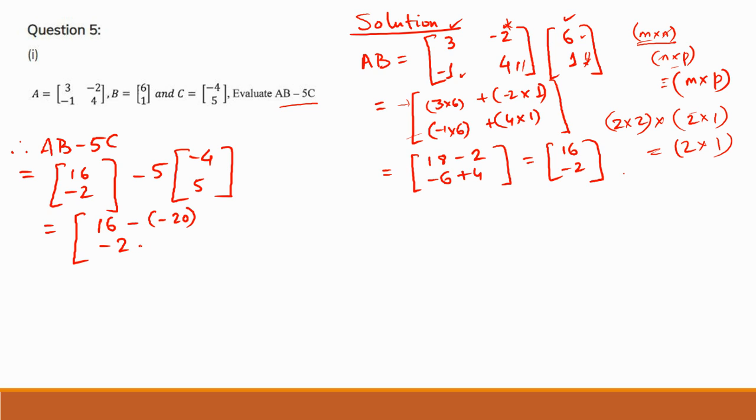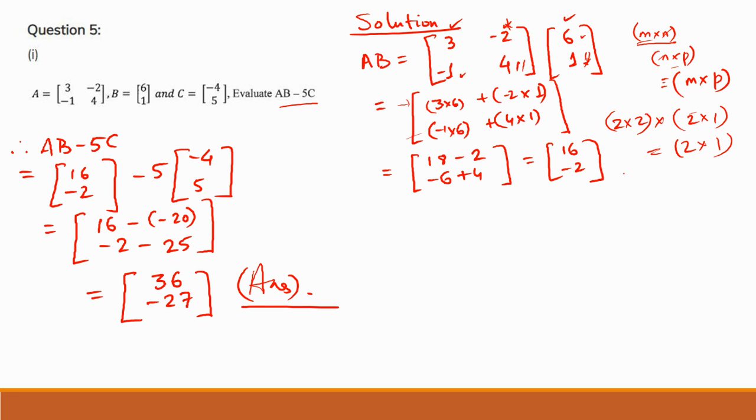And minus 2 minus 5 times 5. Now 5 multiplied with 5 is 25, right? So this gives us 36 and this gives us minus 27. Hope this is clear to you guys. So this is your answer to question 5.1. Pretty simple problem, right?